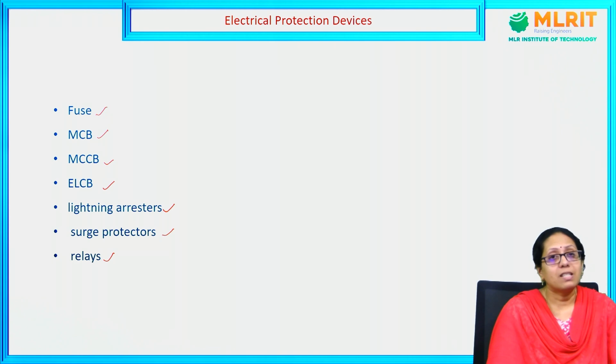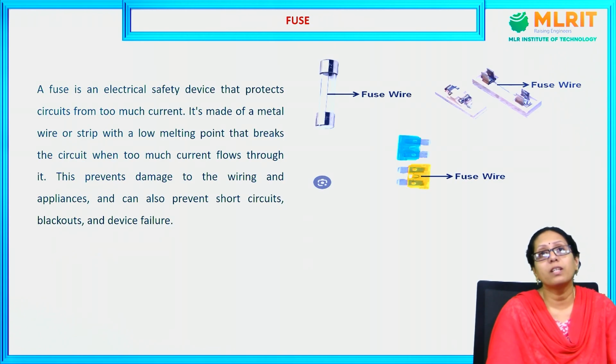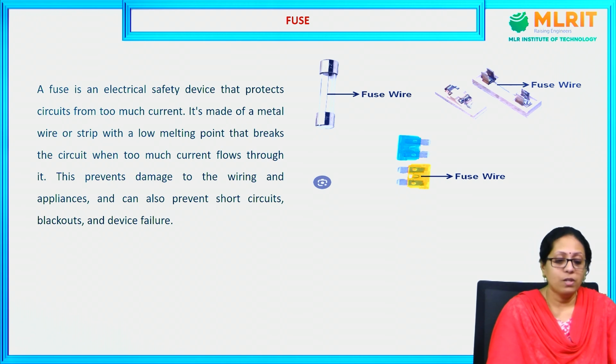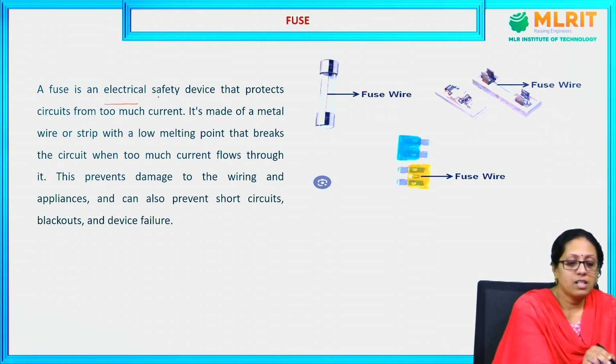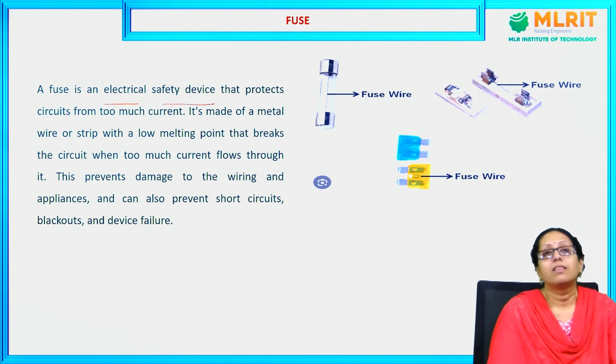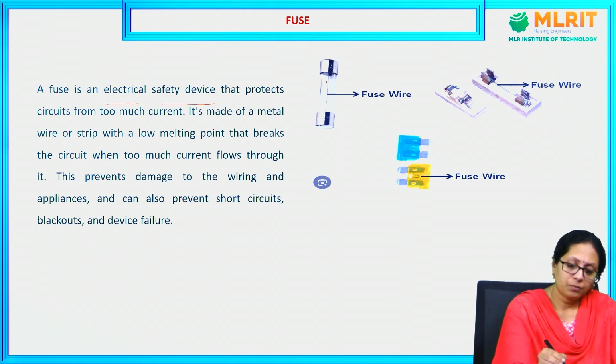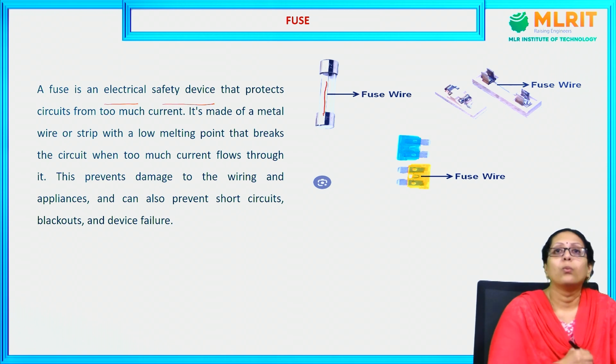Now, we will see a few of the devices. The first one is the fuse. A fuse is an electrical safety device that protects the circuit from too much current. Here you can see a wire.